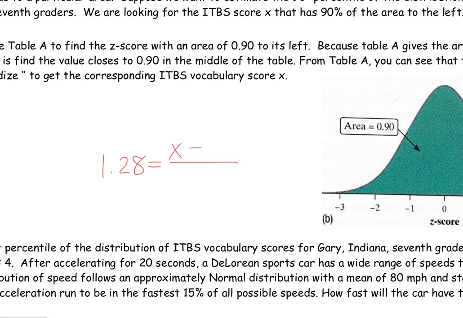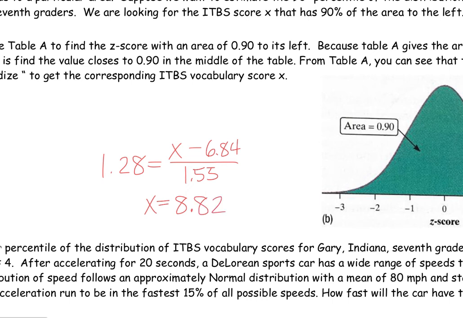So I went back to the other page, and the mean was 6.84 and the standard deviation was 1.55. We're just going to unsolve this, so we take 1.28, multiply it by 1.55, and then add 6.84. That gives us an x value of about 8.82.